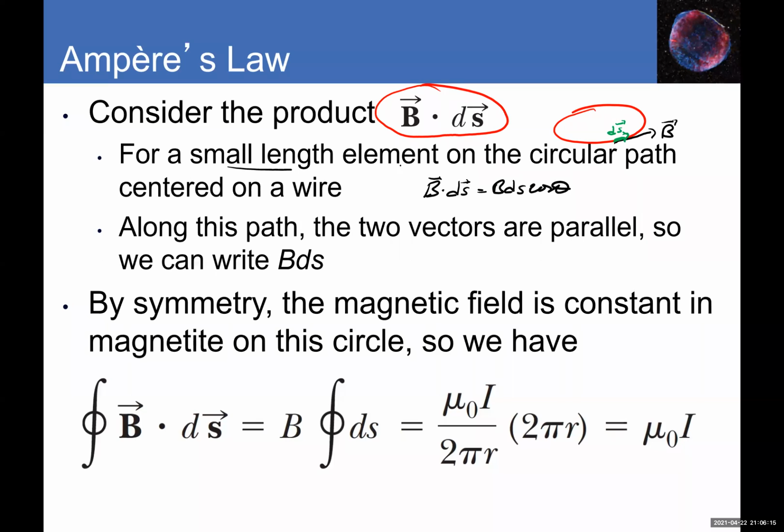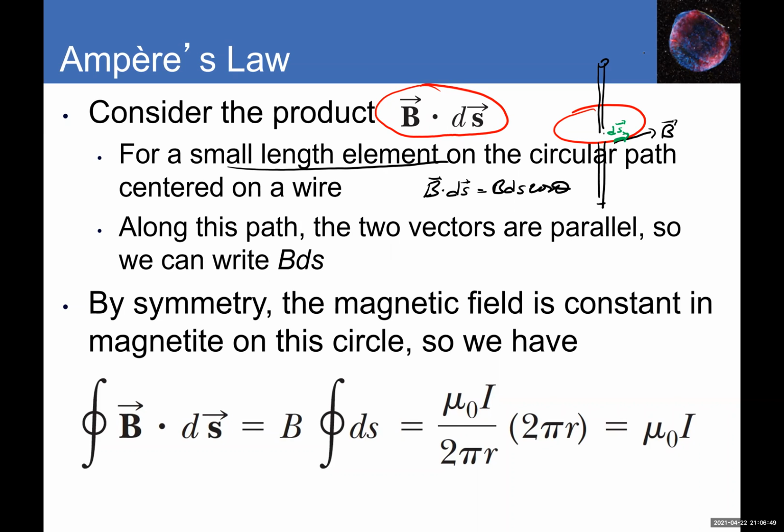But the idea here is this. Take a small length element on a circular path centered on a wire. Let's say this is my straight current carrying wire. I can imagine some kind of circle, an imaginary loop, around this wire. Then I can try to find the magnetic field along this loop.